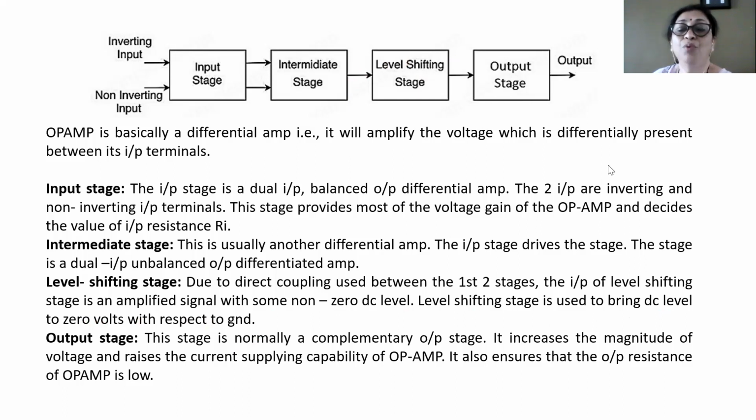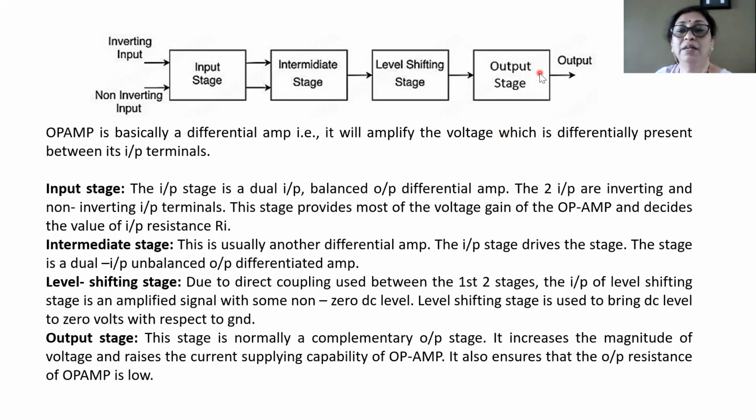Now the fourth stage of the operational amplifier is called the output stage. This is a complementary output stage. It again increases the magnitude of voltage and raises the current supplying capability, which is very important. The output stage is used to increase the current driving level of the operational amplifier.